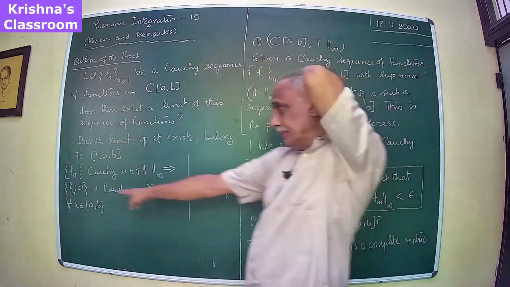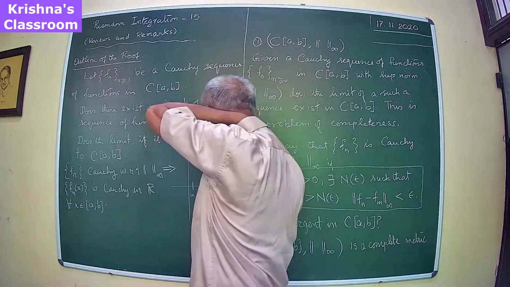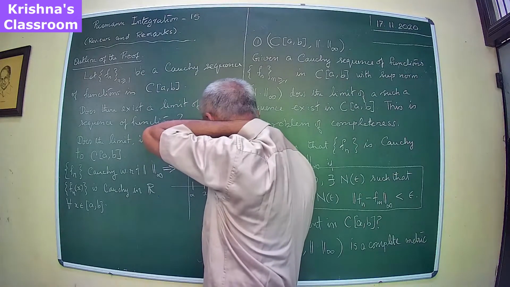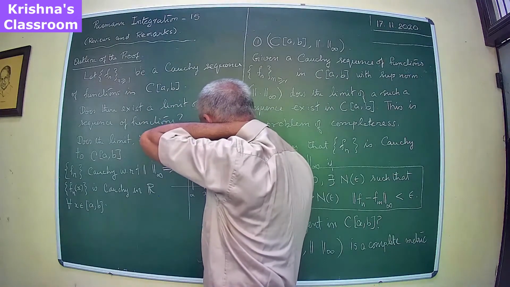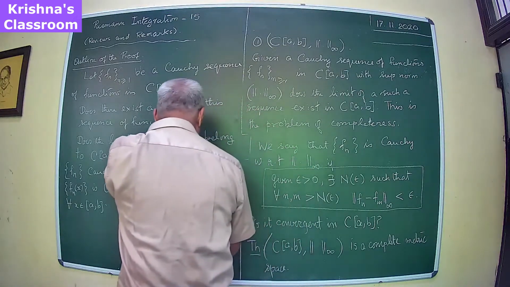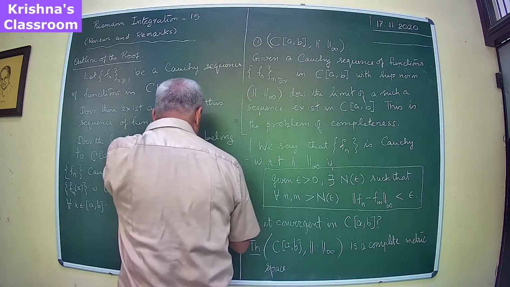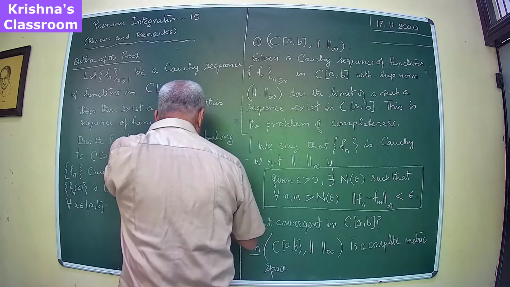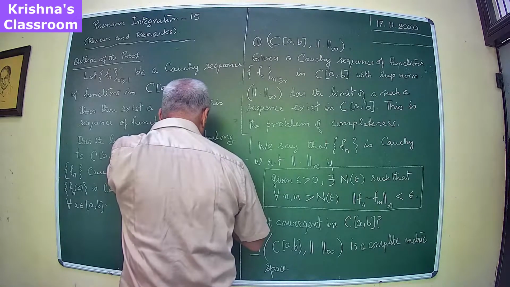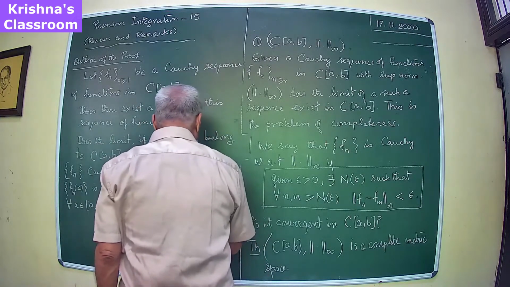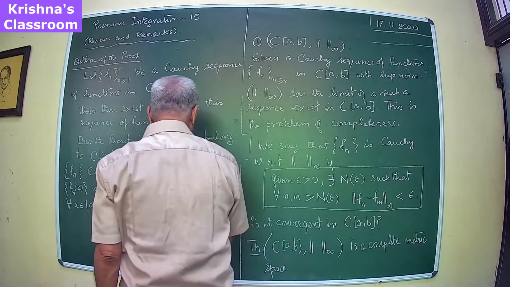So these are numbers. You are fixing an x, and you have these functions. So what is the sequence that you get?